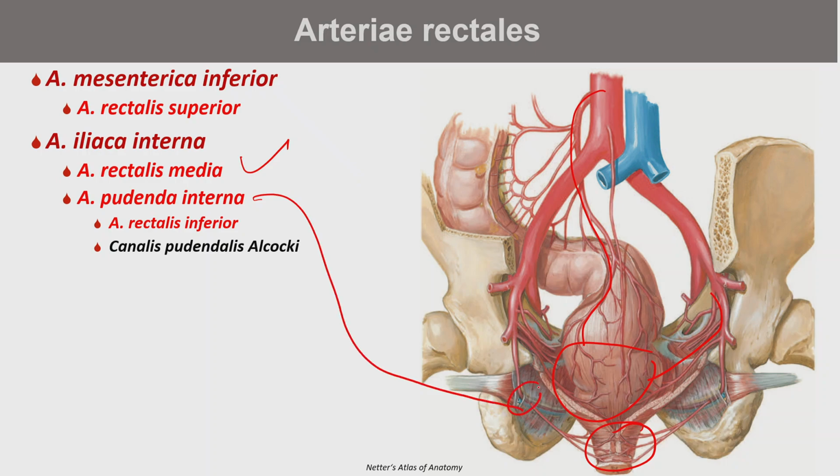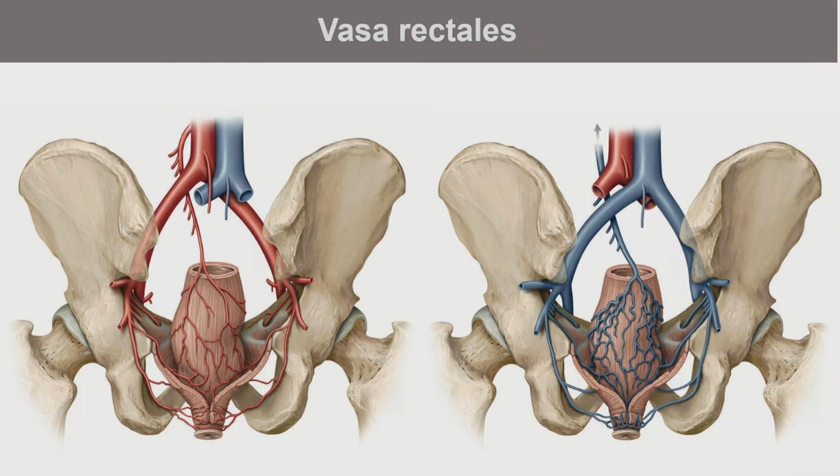And here is seen the Alcock channel. This Alcock channel is a way of blood supply and nervous supply of those structures which are seen here. They are external sphincters, which are striped sphincters. The same situation is seen here with veins.